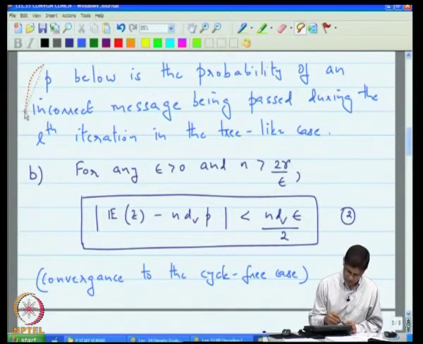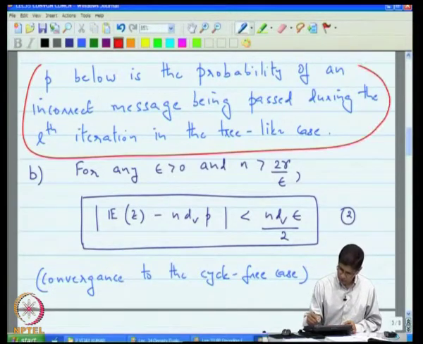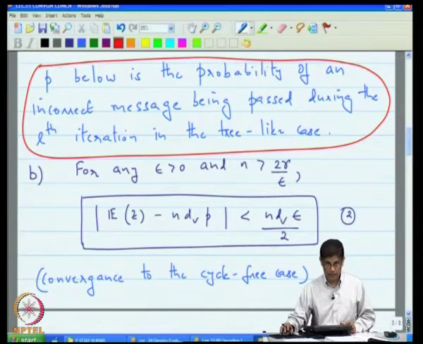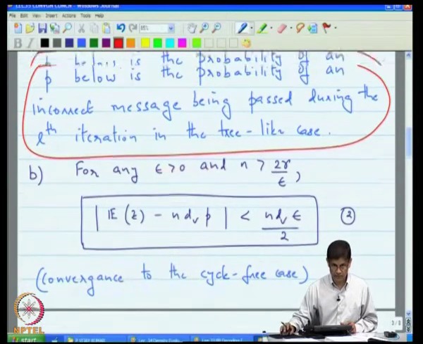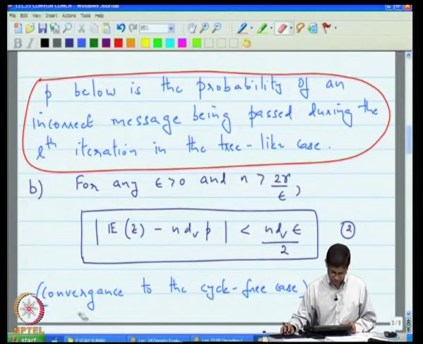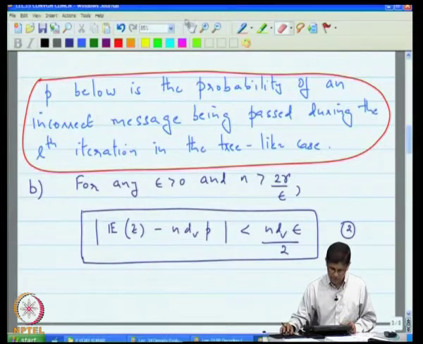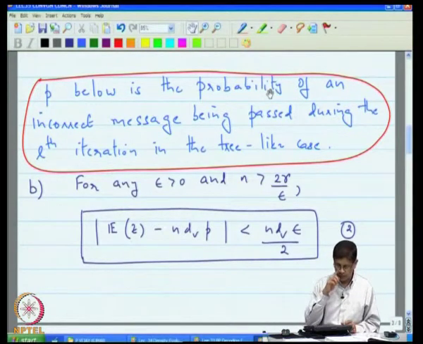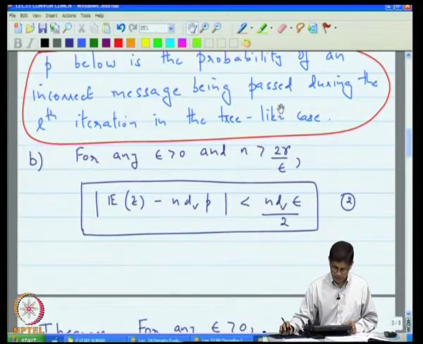So p is the probability of an incorrect message being passed. In fact, all the information that we pick up from density evolution is thus collapsed into the single parameter p.